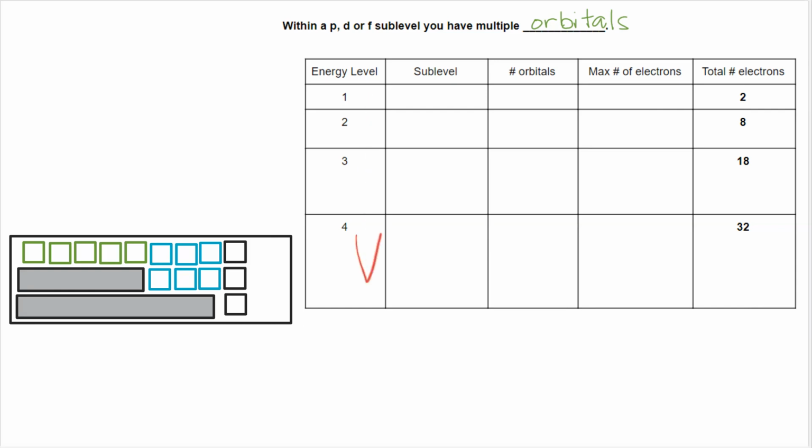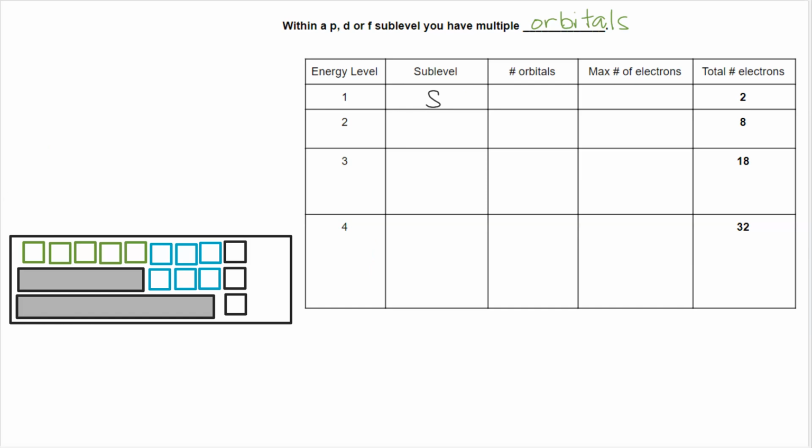So in our table, we're going to be going down, but as the energy level increases, the variety of sublevels increases. Okay, so we're going to start out with energy level 1. In energy level 1, we can have just one type of sublevel. All we can have is an S-type sublevel. That's all we can have in energy level 1. It's pretty boring down in energy level 1.